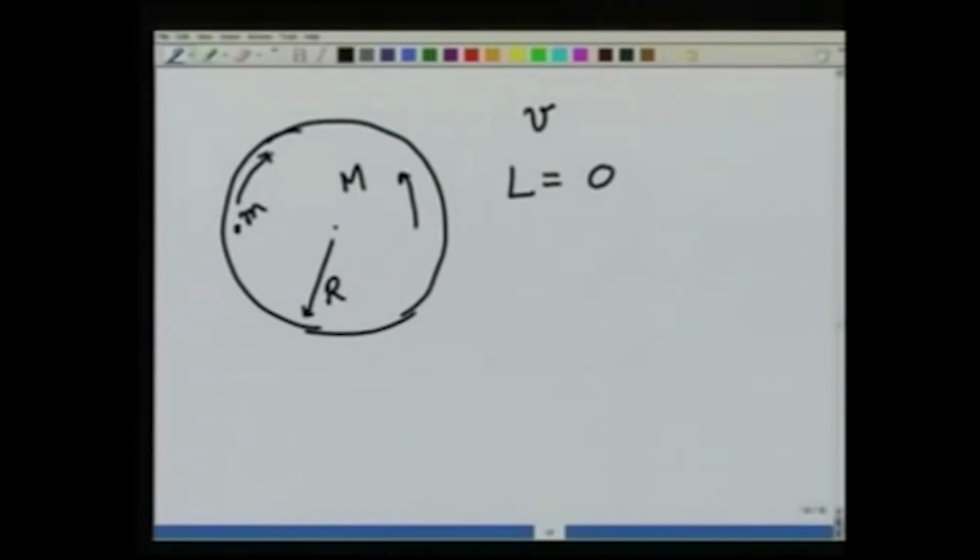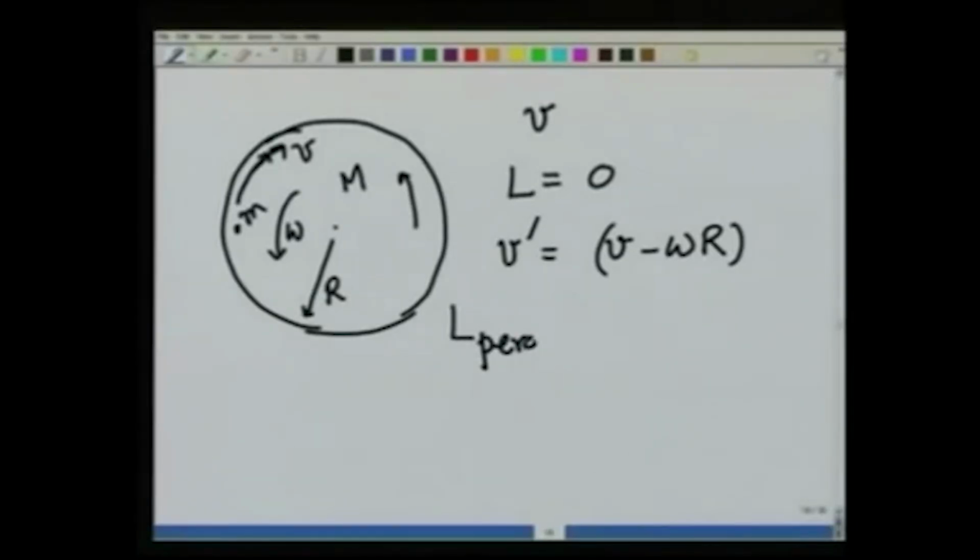If the person moves with respect to the platform in this direction with v, the platform starts rotating the other way with omega, so that the net velocity of the person with respect to ground is going to be v minus omega R, and therefore, the angular momentum of the person is going to be m(v minus omega R)R.